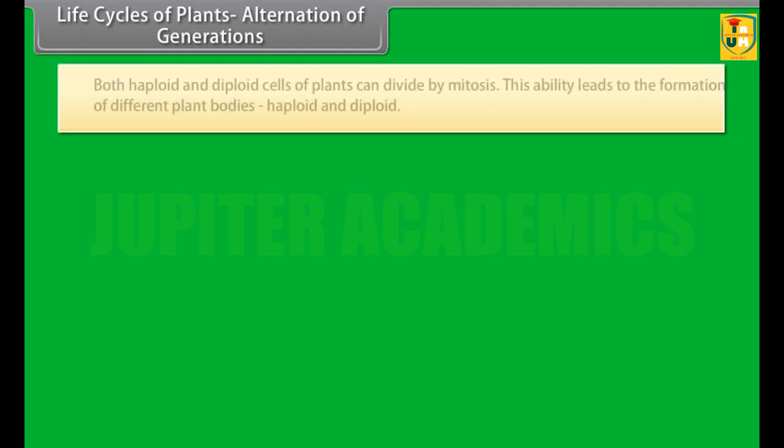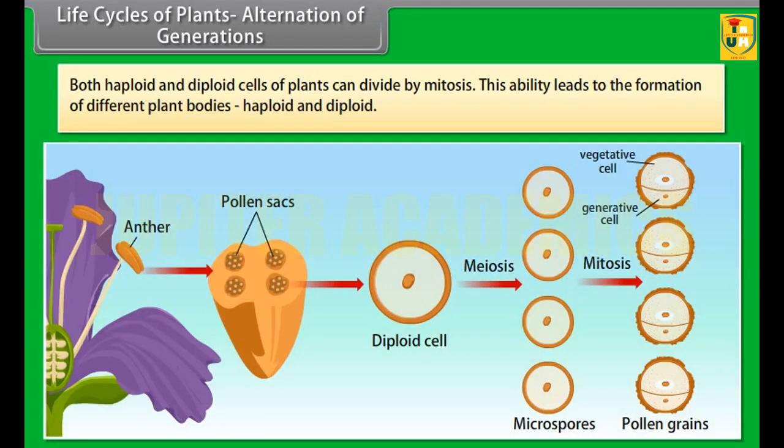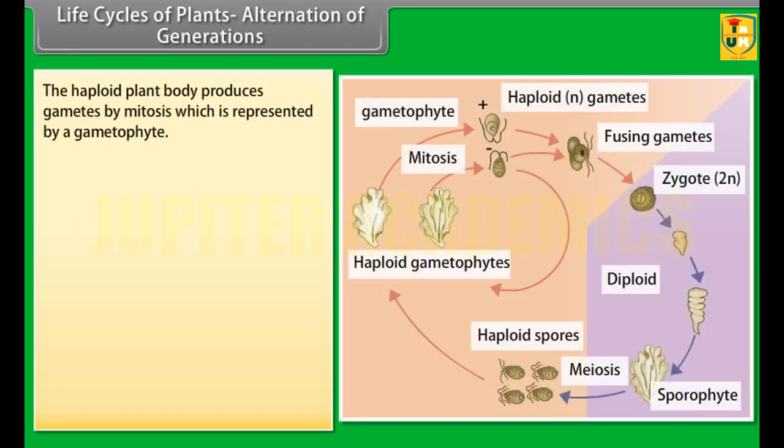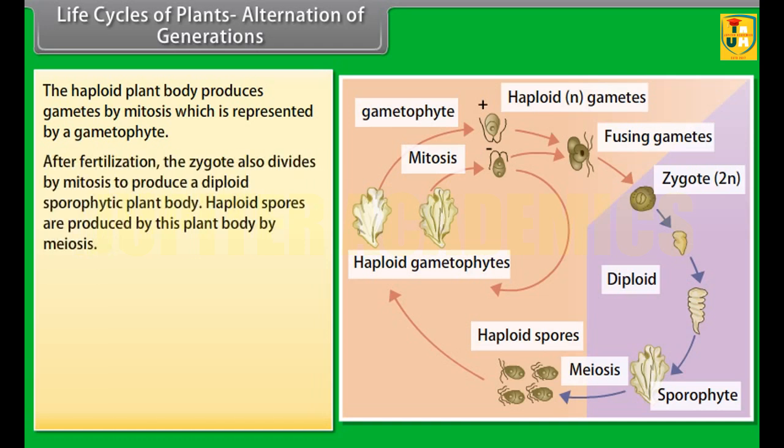Life cycles of plants: alternation of generations. Both haploid and diploid cells of plants can divide by mitosis. This ability leads to the formation of different plant bodies, haploid and diploid. The haploid plant body produces gametes by mitosis, which is represented by gametophyte. After fertilization, the zygote also divides by mitosis to produce a diploid sporophytic plant body.